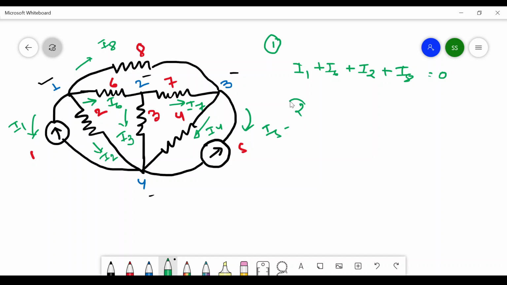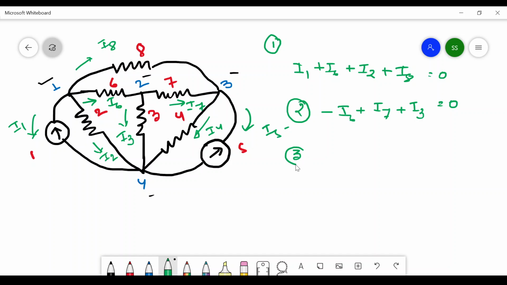Okay, next we write KCL at node 2. Here I7 and I3 are positive and I6 is negative. So minus I6 plus I7 plus I3 is equal to 0.